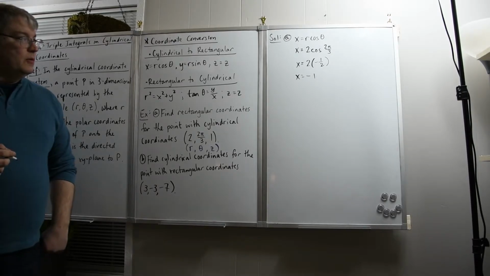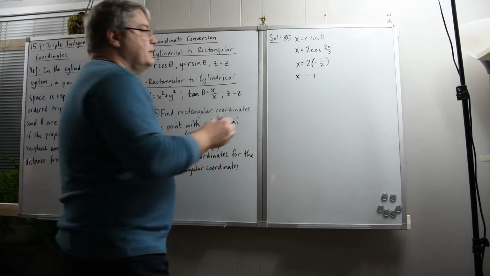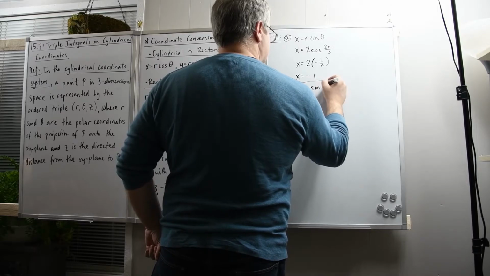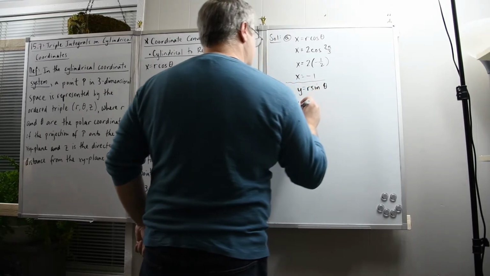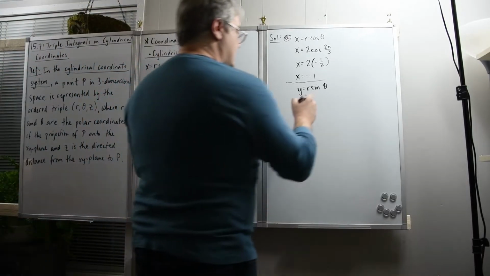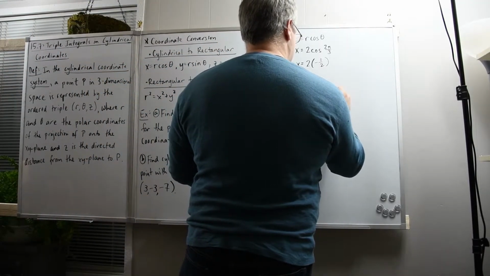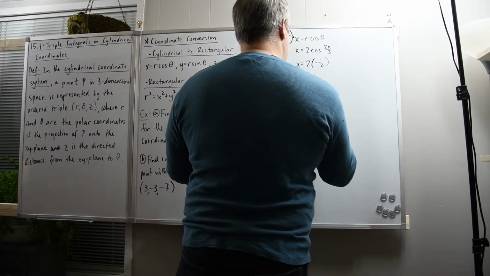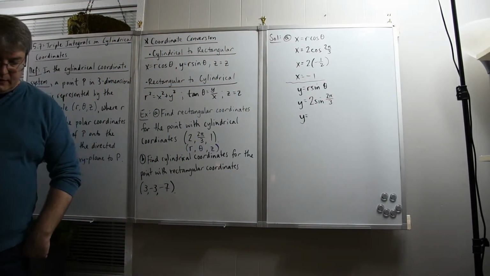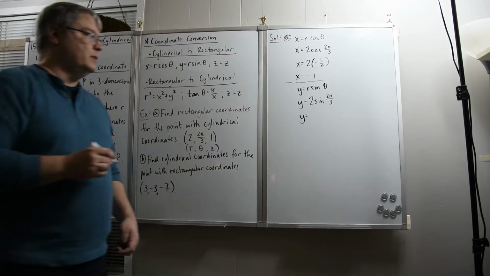We then take a look at what y is, but we know y is r sine theta. Again, we plug in 2 for r, 2 pi over 3 for theta. So we have 2 times sine of 2 pi over 3 is equal to y. And sine of 2 pi over 3 is square root of 3 over 2.